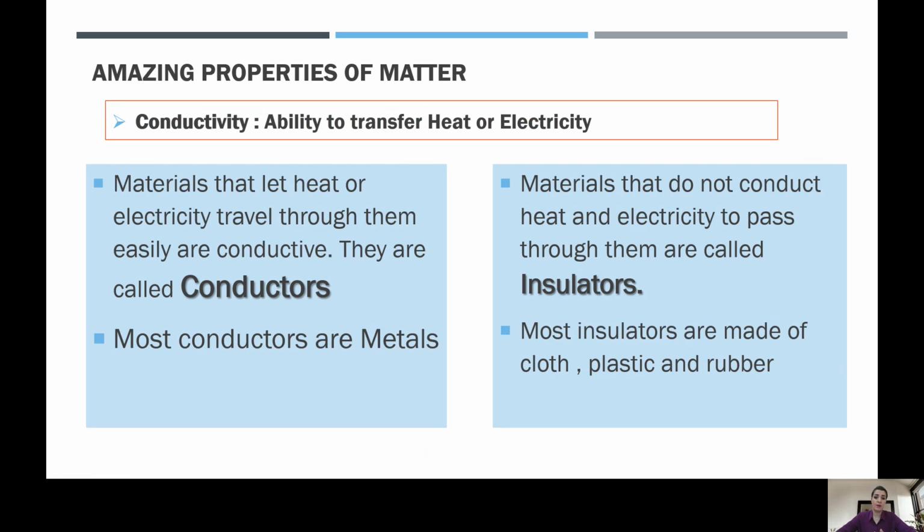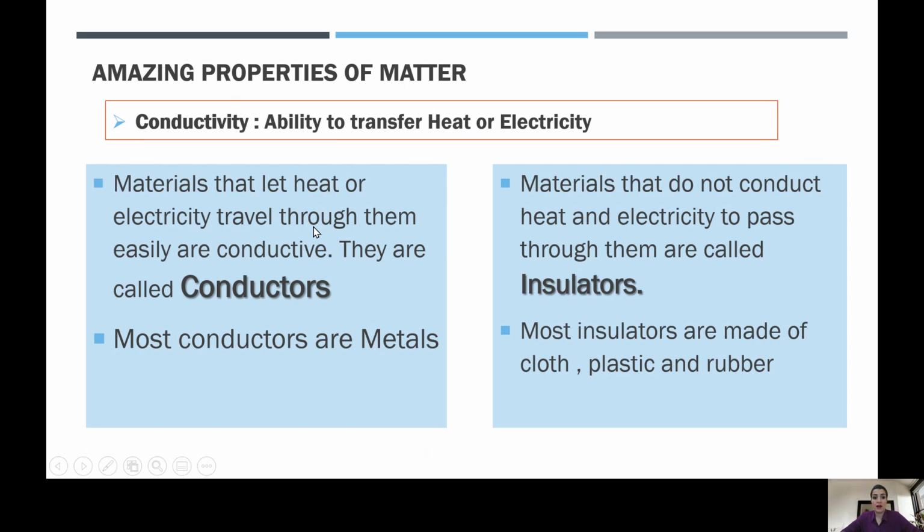Another amazing property of matter that is also described as a physical property is called conductivity. When I say conductivity, think of the word conduct. Conductivity is the ability to transfer heat and electricity. That's why conductivity describes two things: objects that are able to conduct heat and objects that are able to conduct electricity.